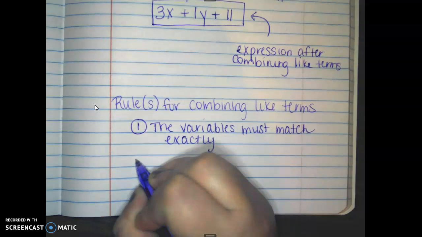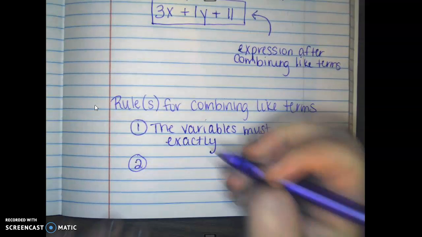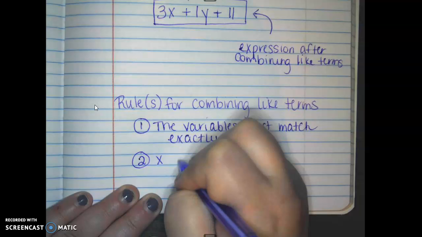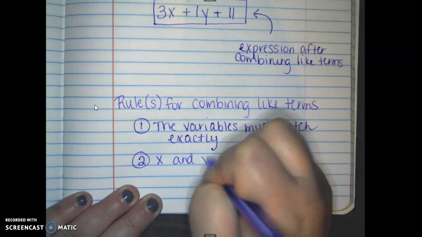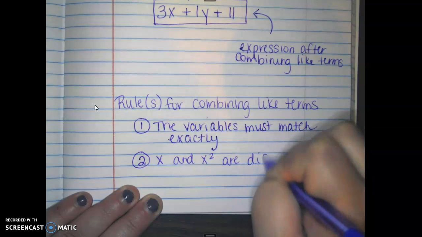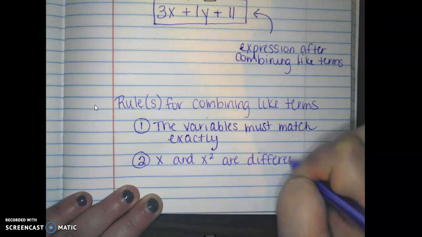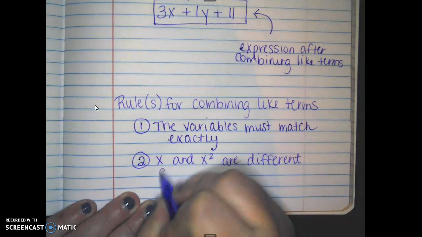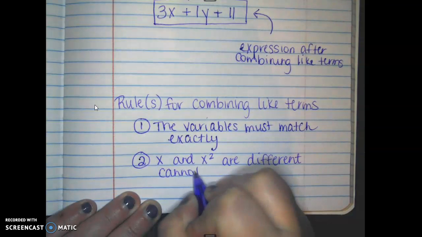Another rule is x and x squared are different, and we cannot combine them.